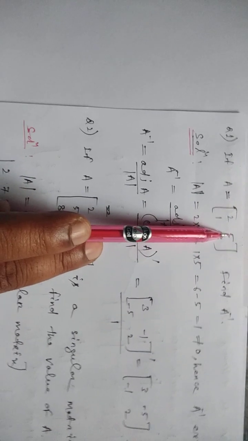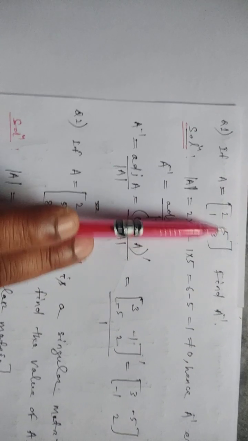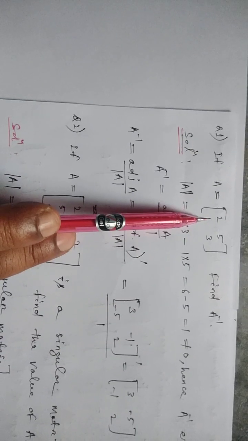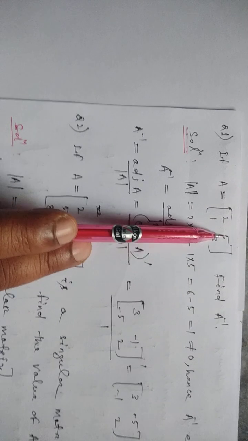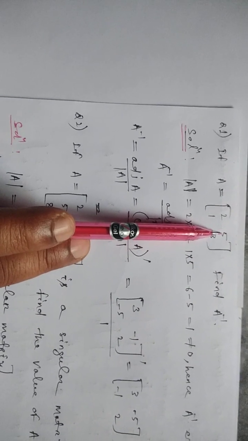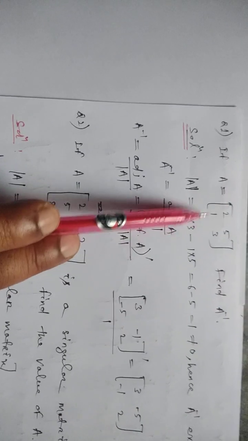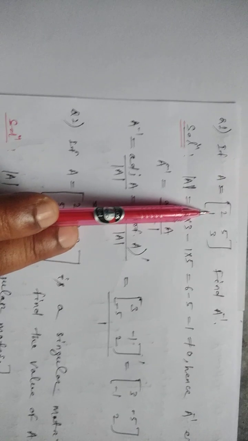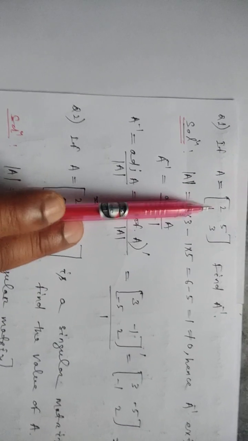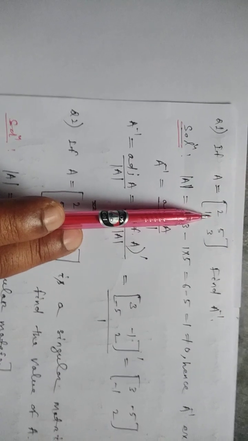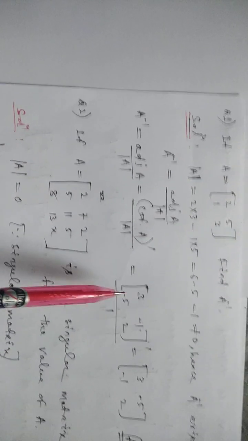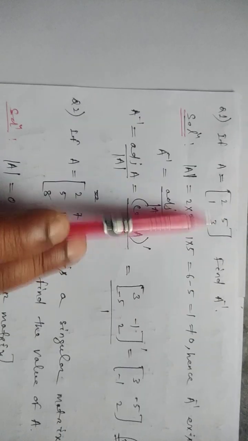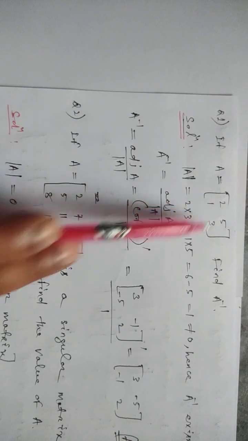Similarly, cofactor of 5: eliminate that row and column, so that means 1, it will be taken negative because here is first row, second column. So minus 1. Cofactor of 1: eliminate that column, row, so 5, it is negative, so minus 5. Similarly, cofactor of 3: eliminate that row and column, so 2.